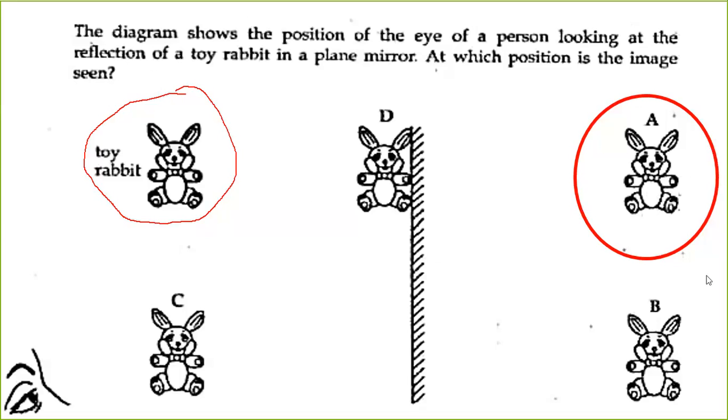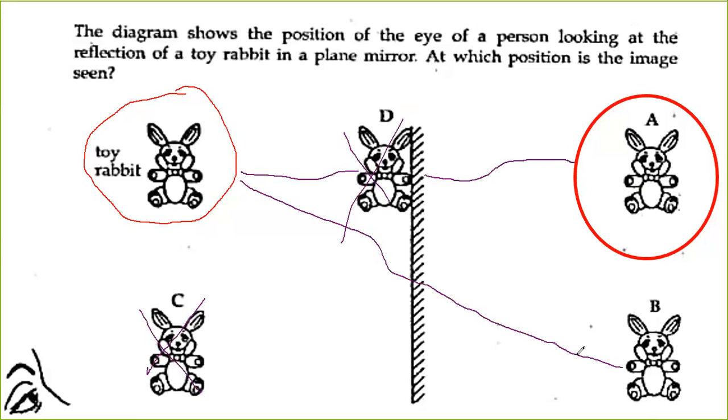So those are out because they're in front, okay? And then our image distance has to be the same as our object distance. So that disqualifies B, okay? It has to be along the same line of sight, okay? So the only correct answer is A.